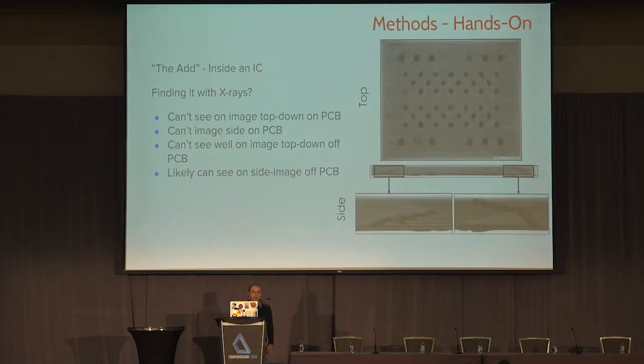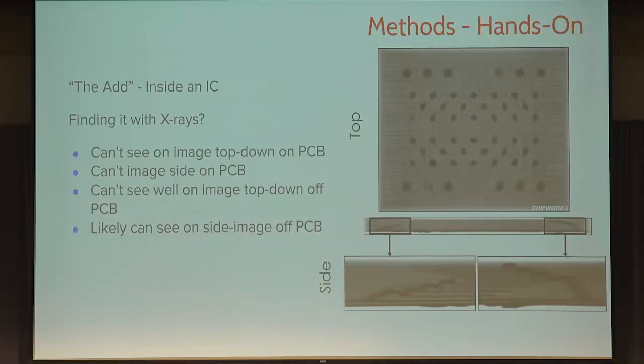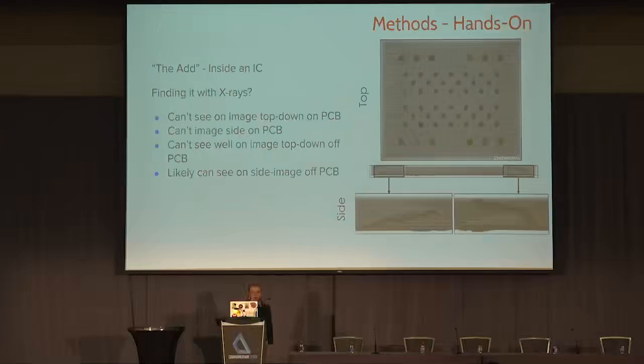All right, so how are we going to look for the add here? Well, you can try X-rays. So if you have an IC, you can look through it with an X-ray, because just looking at it from the top level actually doesn't tell you much. This is pretty destructive as well. This is just a picture of the different parts of the chip.